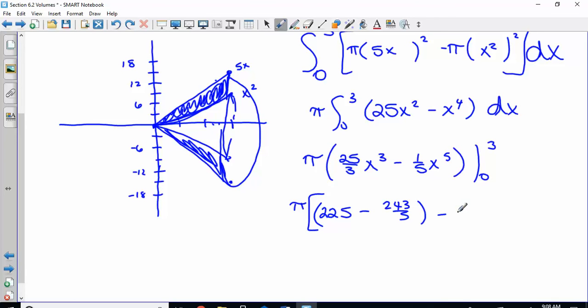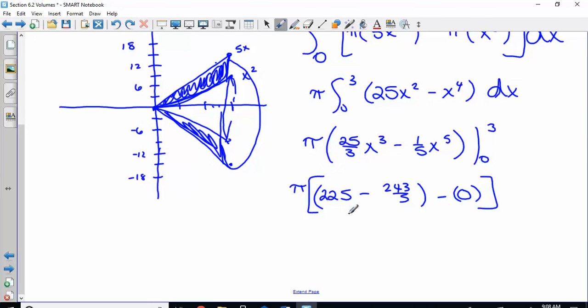Minus, we plug in 0, we get 0 minus 0, which is 0. Let's see, we would need a common denominator.